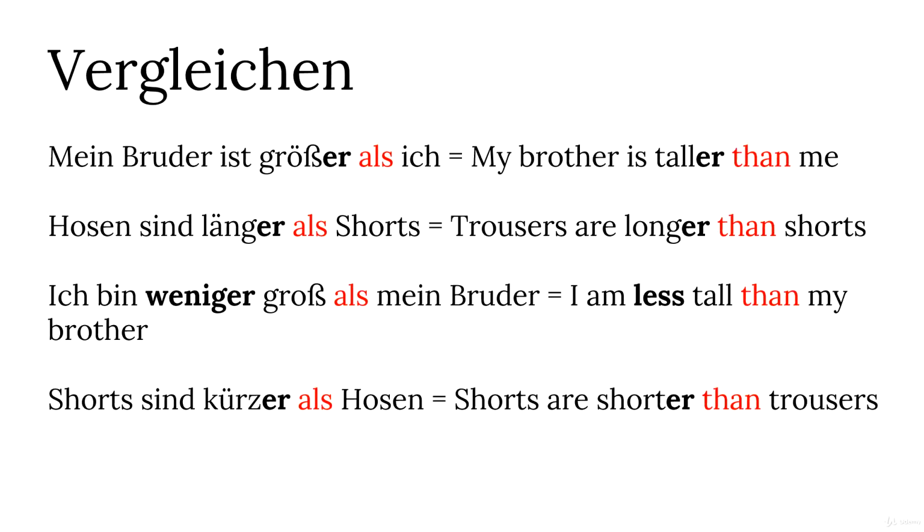In German, you say, mein Bruder ist größer als ich. So the er part stays the same and than would be als. And yes, als also means when I was a child, als ich ein Kind war. But here, als means than. Als ich, than me.